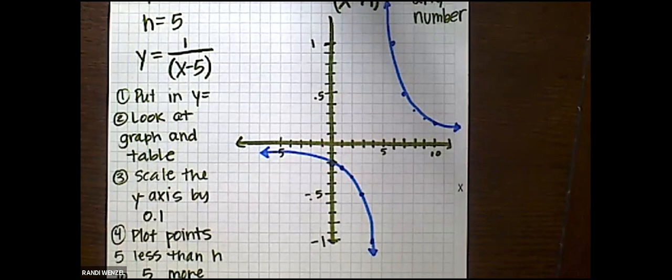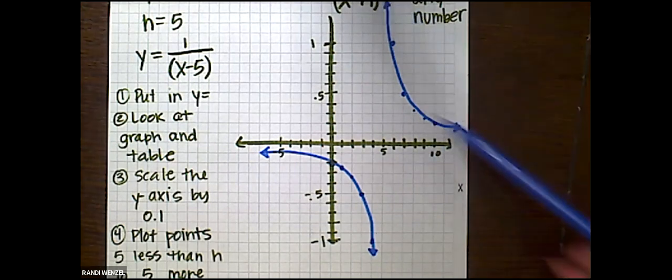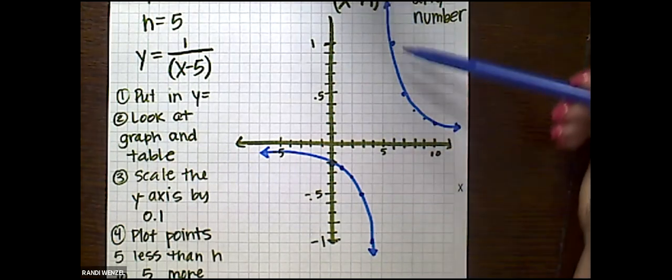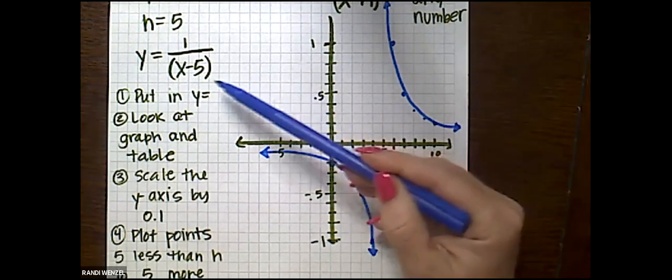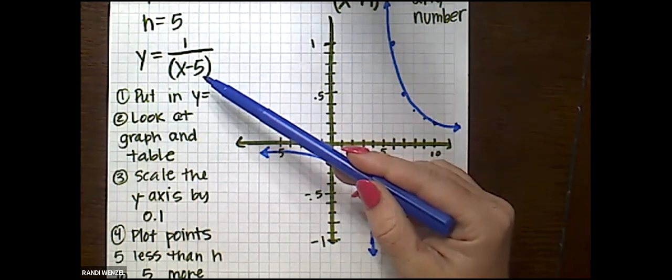An asymptote is a place that your graph approaches, but it never actually touches. So if you remember, I said it doesn't touch the x-axis. This graph will get closer, closer, closer, but it will never actually touch the x-axis in both directions. It'll also get really close to 5, but never actually touch 5 because there's no value there when x is 5. And so that's what an asymptote is.